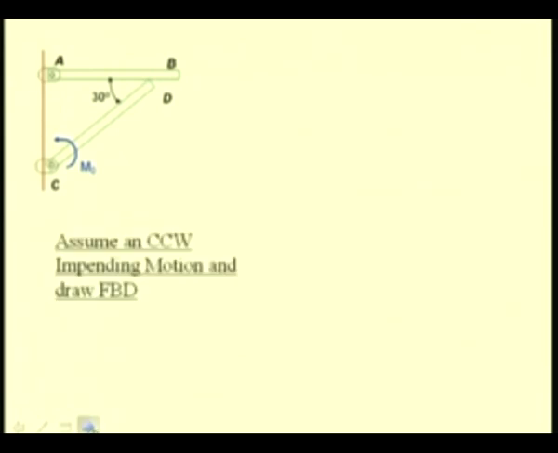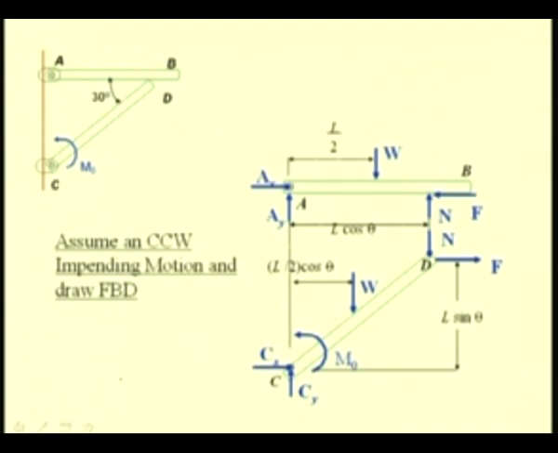So, for this impending motion case, the free body diagram is shown in this picture, because at this point D, for the impending counterclockwise motion, this D moves from B to A, this frictional force F is marked in the direction A to B.